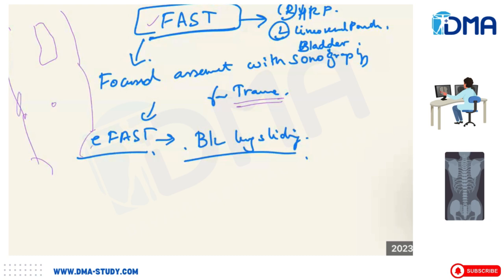First, you scan the right hepatorenal pouch, left hepatorenal pouch, then the suprapubic region. These were the basic things, and now they have included E-FAST, where you also examine lung sliding. You put the probe in the lateral region and find out the lung sliding.